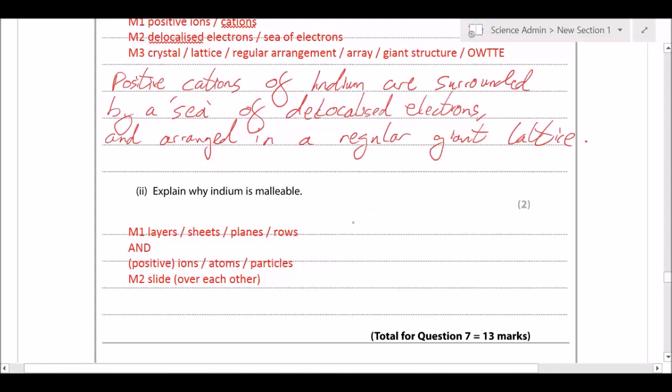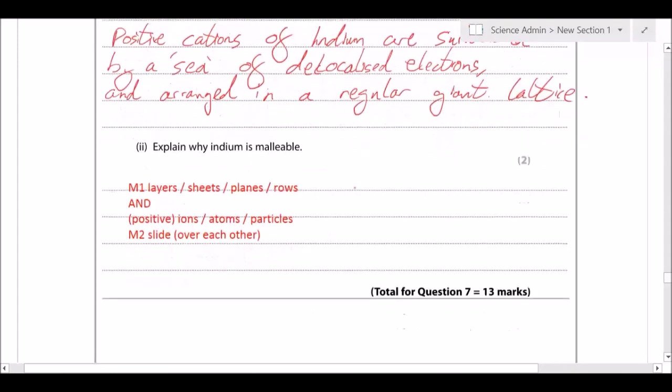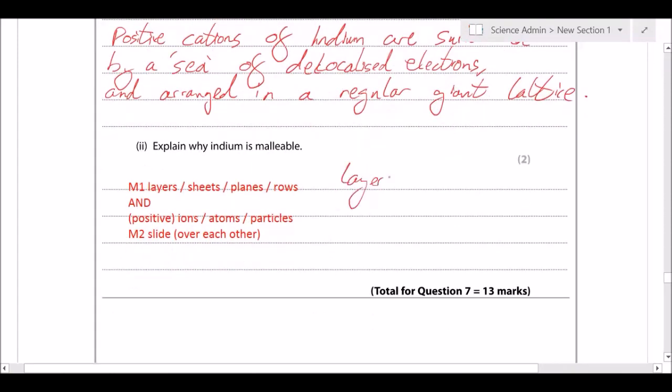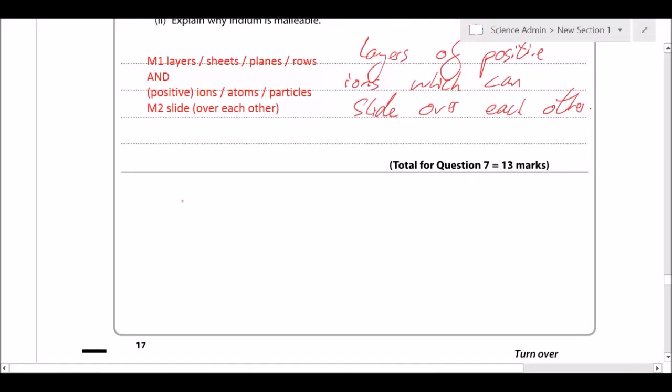Explain why indium is malleable. You've got layers of positive ions which can slide over each other. Yeah, model answer being layers of positive ions which can slide over each other. To put that in a diagram form, your ions look like this, okay, and your sea of delocalized electrons look like this.